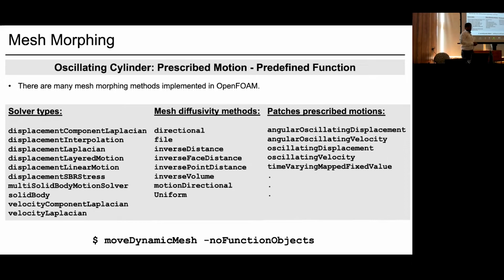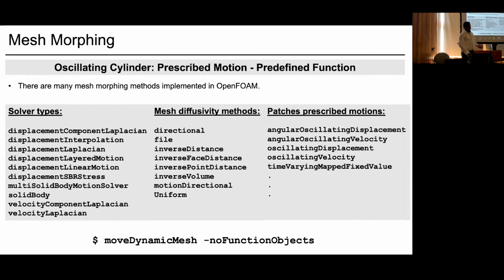And within that, what are the prescribed motion functions? They can be oscillating displacement. That means if the body is oscillating following a periodic motion like sin omega t. It can be angular oscillating displacement if it is pitching or rotating following an oscillating function. It can also be time varying mapped fixed value. That means if you can code a motion and you are varying it as a function of time, you can impose that as a function.